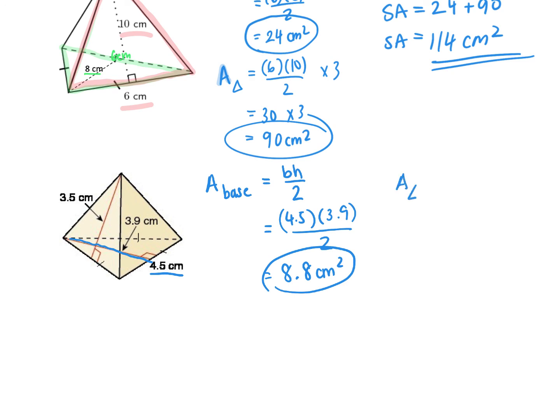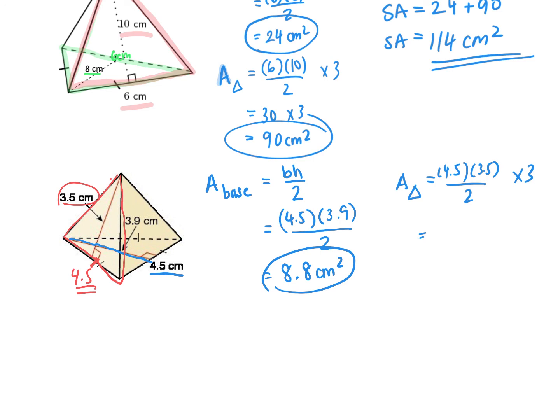And then the area for our 3 triangles, well, each of these triangles here still has the same base of 4.5, but its height is 3.5. So 4.5 times 3.5 divided by 2 for one of the triangles, but we have 3.